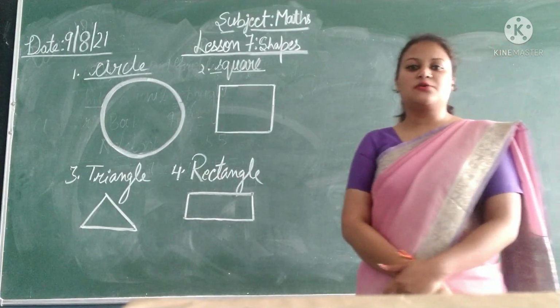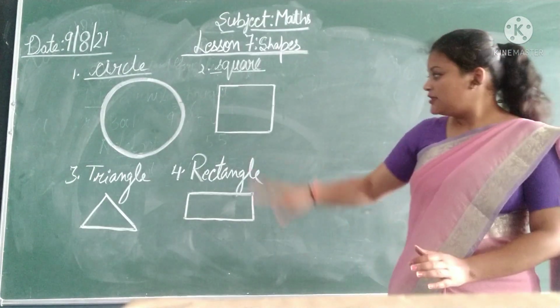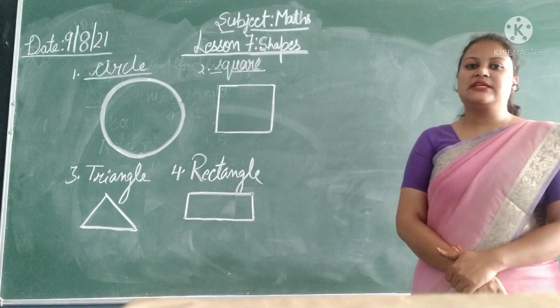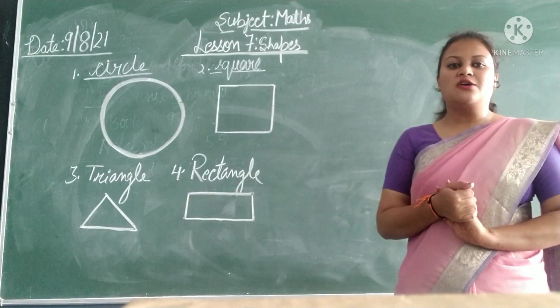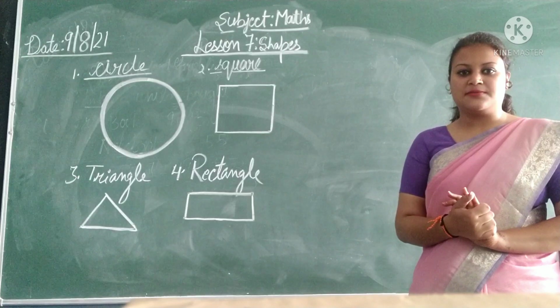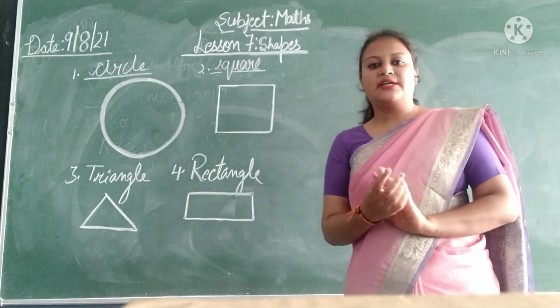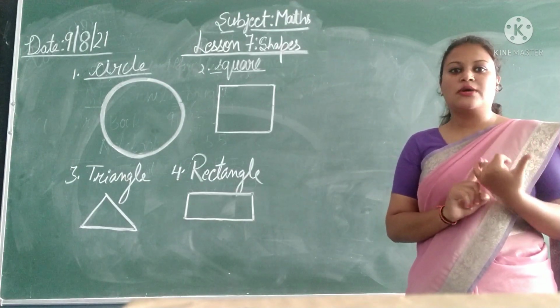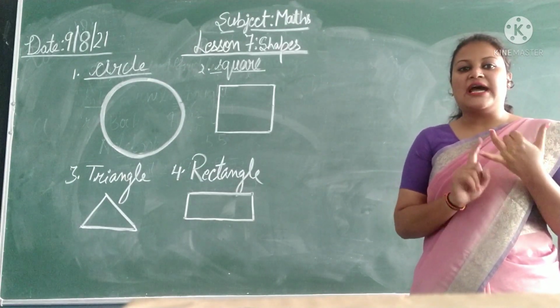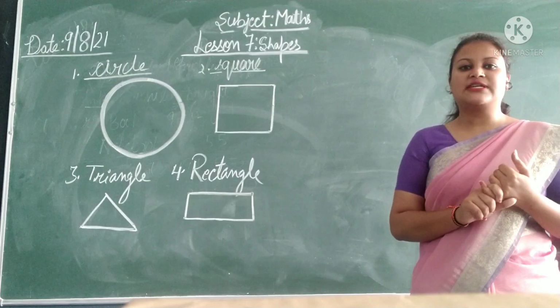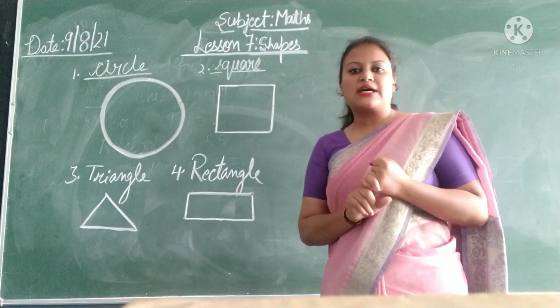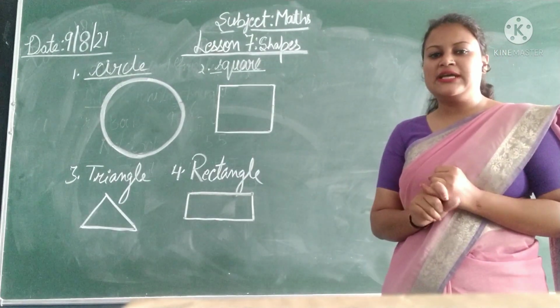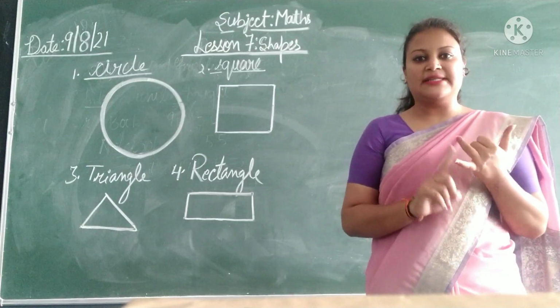Now these are 2D shapes. With the help of these figures, we will see how we can draw 3D shapes. 3D means 3 dimensions, so we will have length, breadth and height. Figures which have 3D shapes have volume, because they have length, breadth and height.